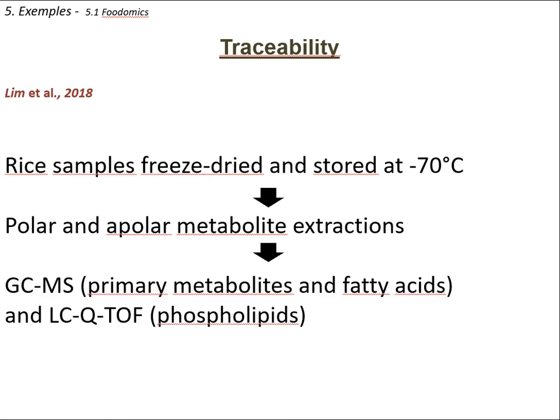So here is the experimental setup. They took rice samples, freeze-dried them, and stored them at -70 degrees. They extracted both polar and non-polar metabolites, and they made a GCMS analysis to find the primary metabolites and the fatty acids, and an LC analysis to analyze phospholipids.